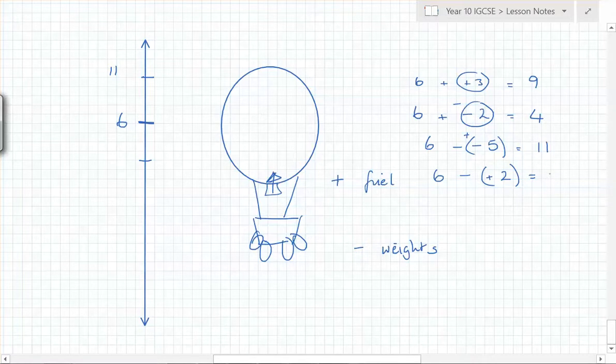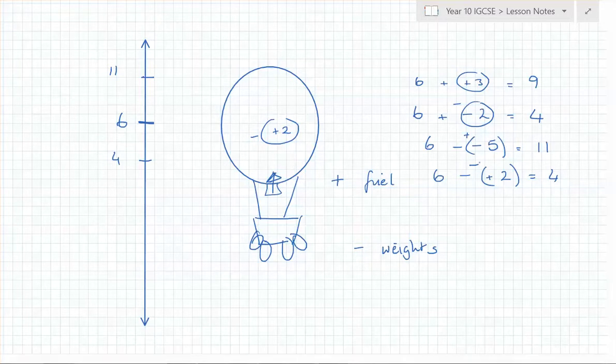So I take away 2 fuels, what happens? You go down. I'm going down to 4. So subtract a positive is also like subtracting. Okay? So actually for me that's a good way of thinking about adding and subtracting negative numbers.